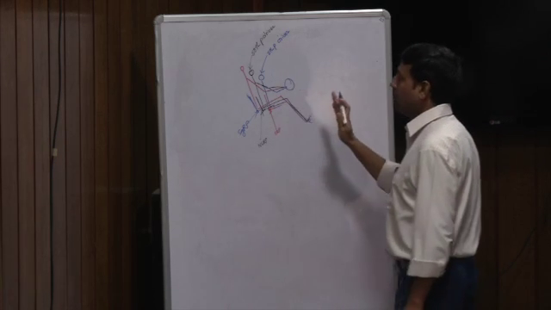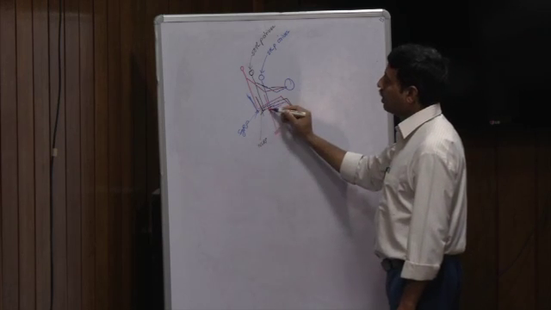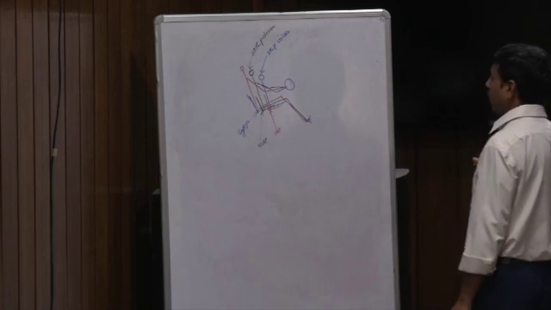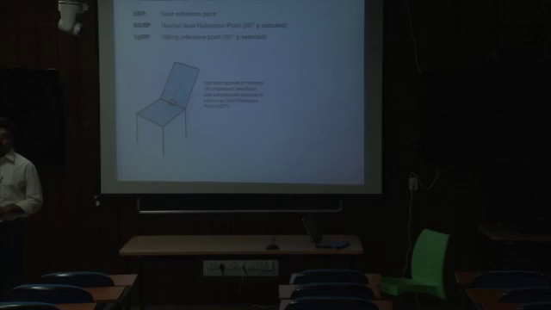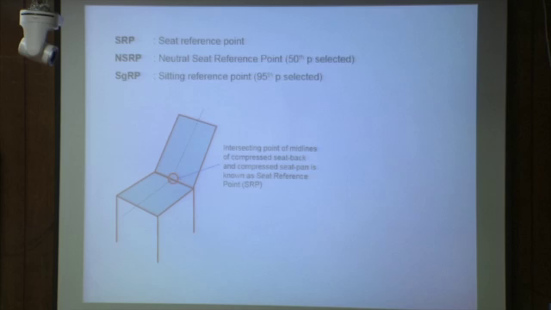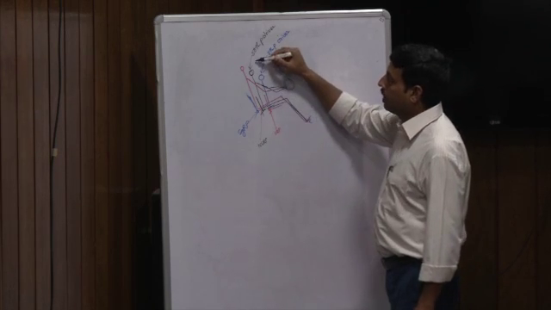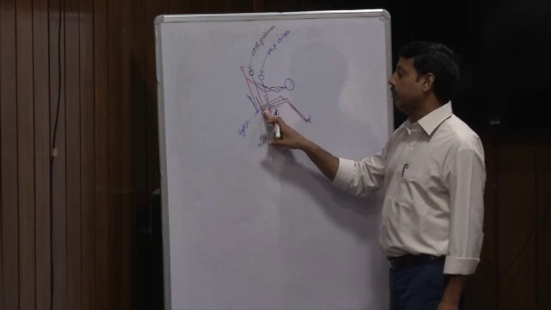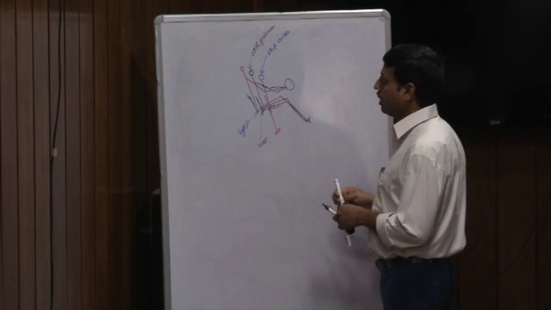So while the driver is adjusting the seat forward and backward as per the requirement, all these are actually SRP. SRP means, as we discussed, the midpoint on the seat representing the midline of the compressed seat bed. So that's the location of SRP. As the seat is moving, it is also moving. While the 50th percentile driver is adjusting the seat, the position of SRP is known as NSRP, neutral seat reference point.